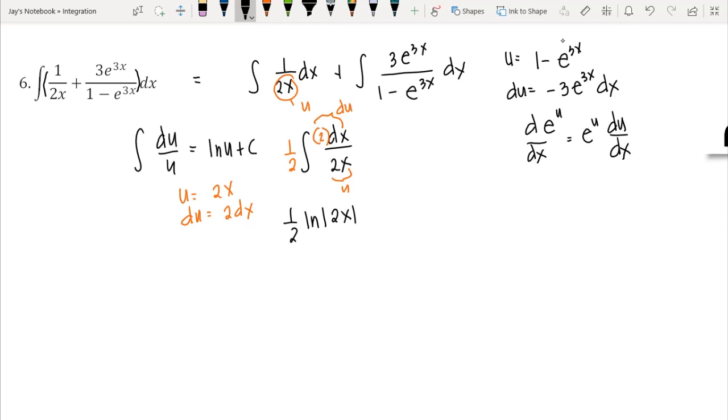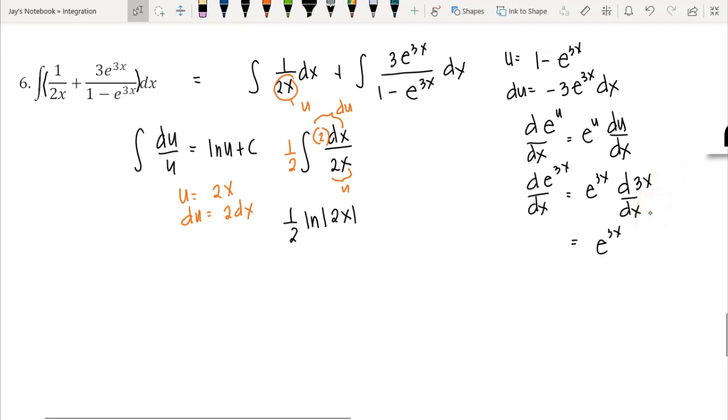Correct? Now in that case, since derivative of 1 is 0, we only have negative e raised to 3x as the only term that we could derive. So if we derive e raised to 3x with respect to x, we use e raised to 3x, then the derivative of 3x with respect to x, that would give us 3. So therefore, we have 3e raised to 3x.